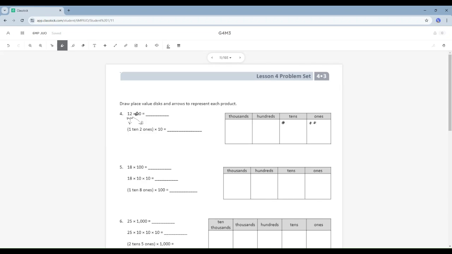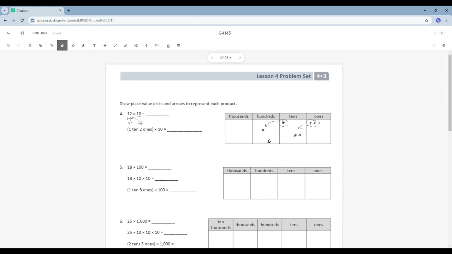Now we're multiplying by 10. So this is going to get shifted. This 10 is going to get shifted over to the hundreds. And these 2 ones are going to get shifted over to the tens.